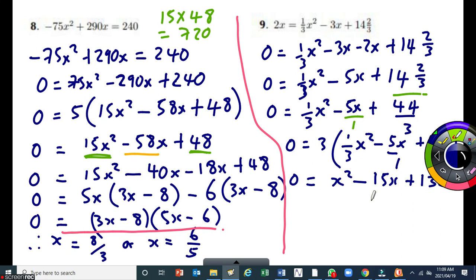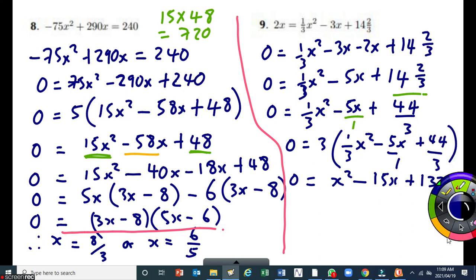Sir, yes. I just want to know why we got 132. If the denominator of the 44 over 3 was already 3, then once that 3 is cancelled out, remember.